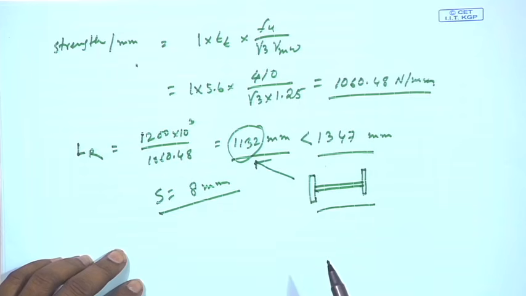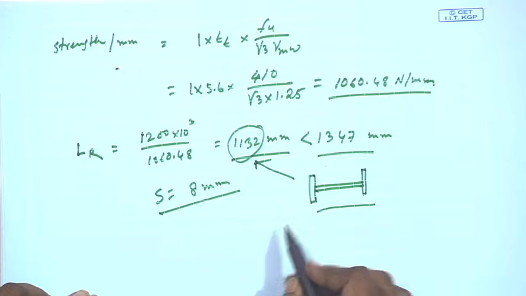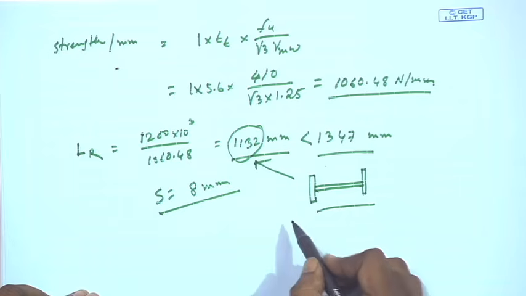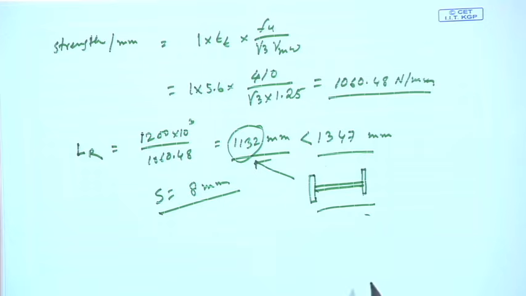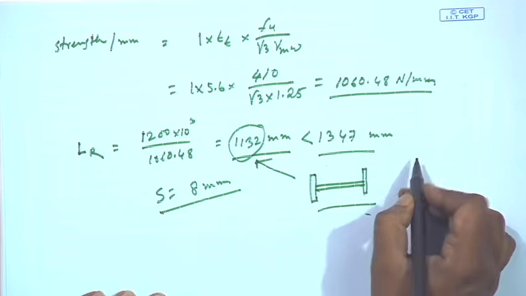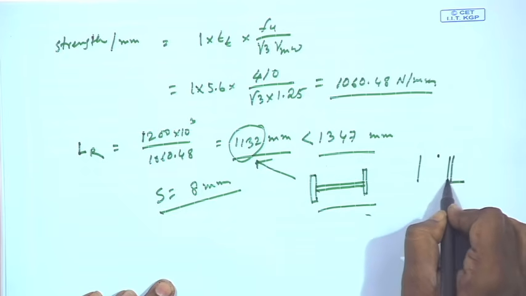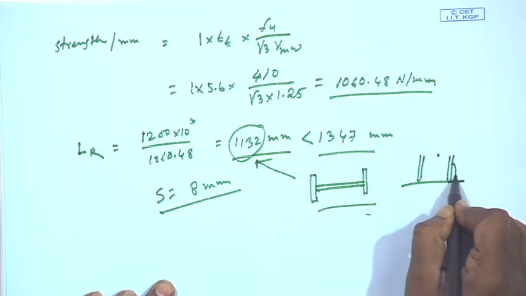Okay. So, since the base is subjected to only axial compressive load and there is no moment, it will not be subjected to any tension in any of its parts. So, we can provide 2 number of 20 diameter bolts to keep the base in position.